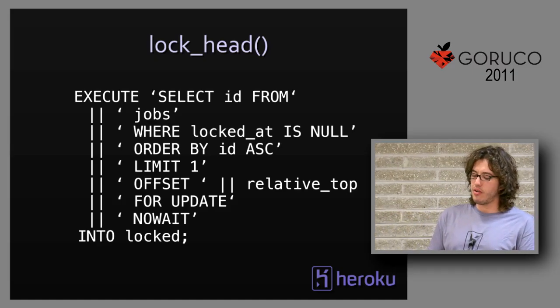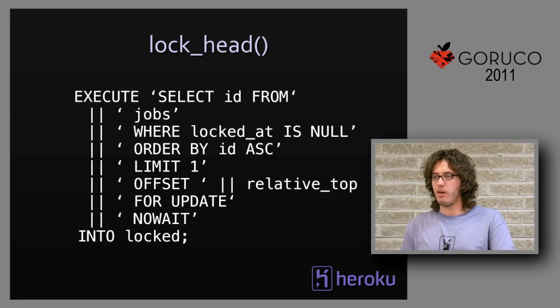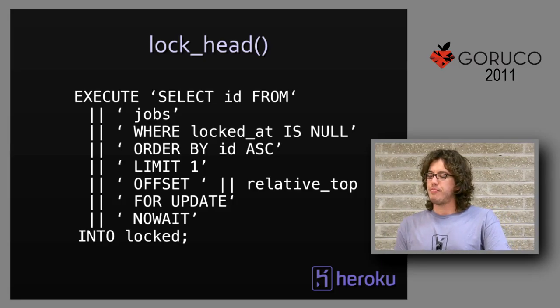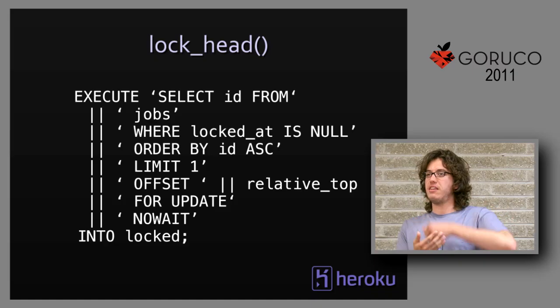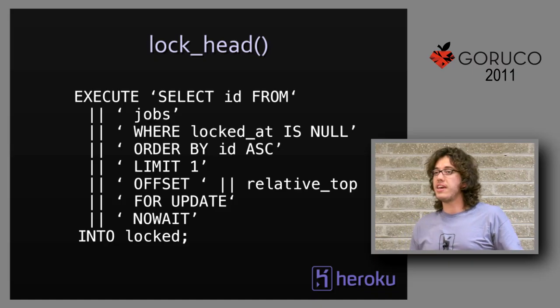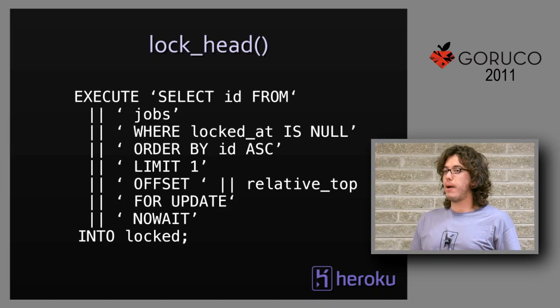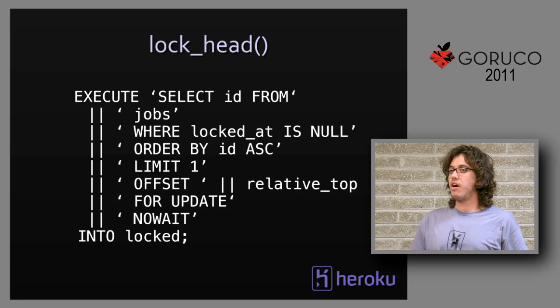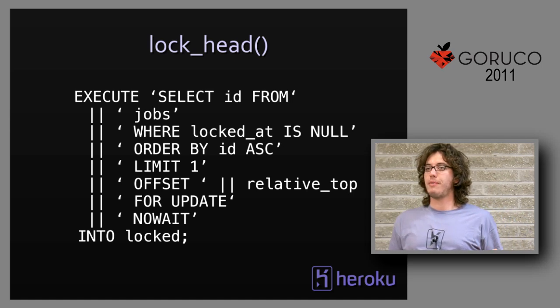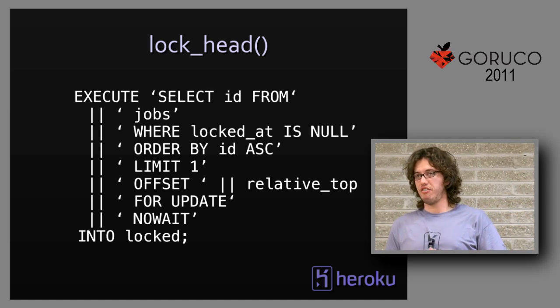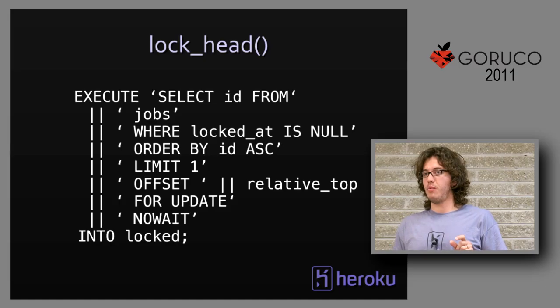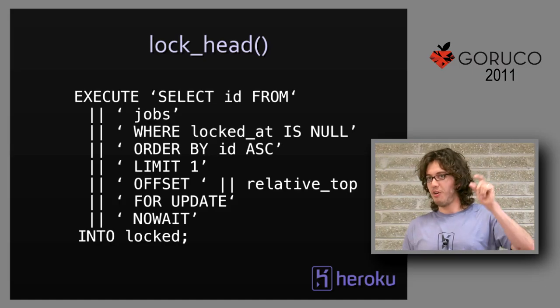I don't have the code for relative top, because you're computing the offset. My V0 approach to computing a relative top was to just take a random number between 0 and my top boundary. So any time a worker would come in and try to select a job, it would compute an offset randomly, 0 to my top boundary.